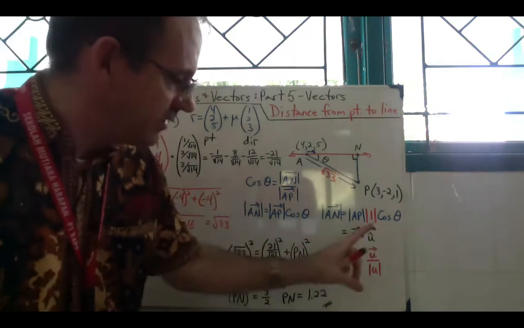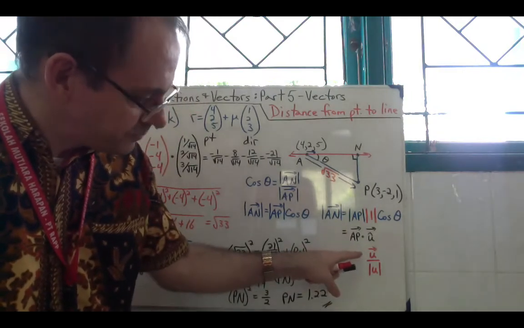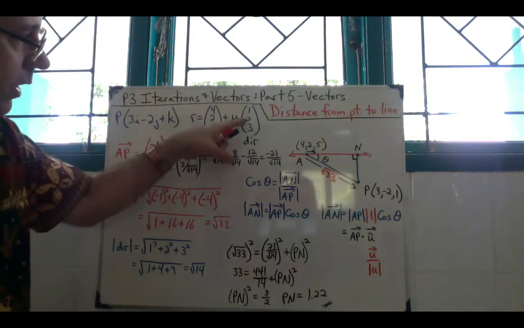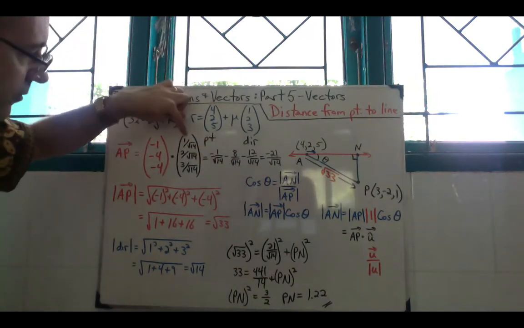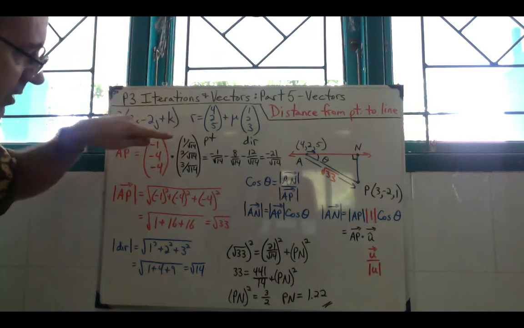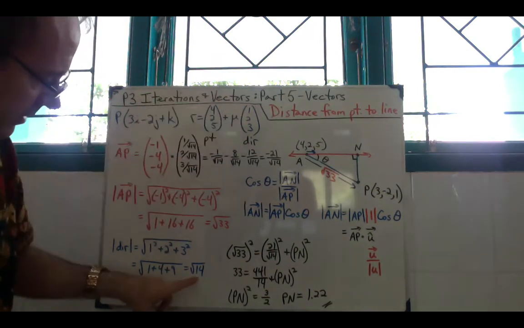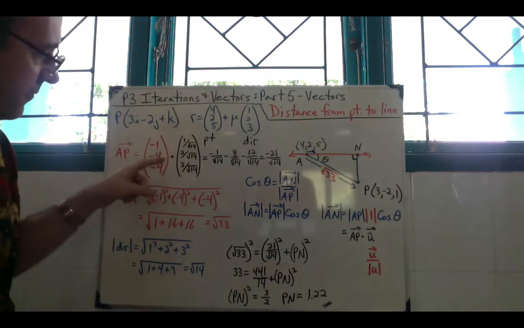So to get this unit vector, we need to do the vector divided by its magnitude. So if we take 1, 2, 3 and divide it by its magnitude, we get 1 over root 14, 2 over root 14, and 3 over root 14. Take the direction, divide it by its magnitude, and this is our unit vector.